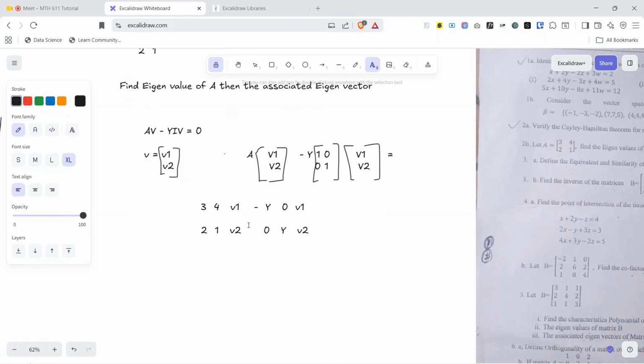If we do this calculation, we are going to have something like this.